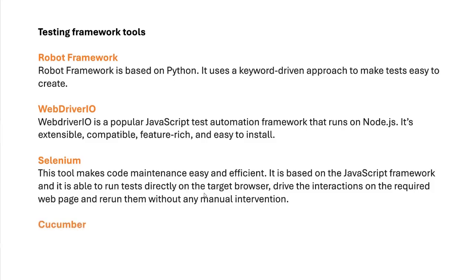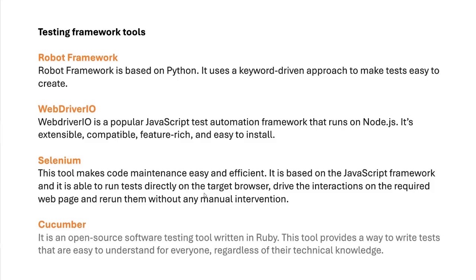Next is Cucumber. So this is also one of the most widely used popular frameworks. It is an open source software testing tool which is written in Ruby language. This tool provides a way to write tests that are easy to understand for everyone, regardless of their technical knowledge.